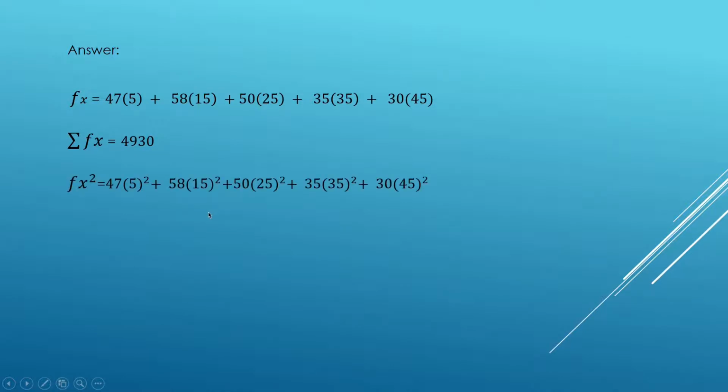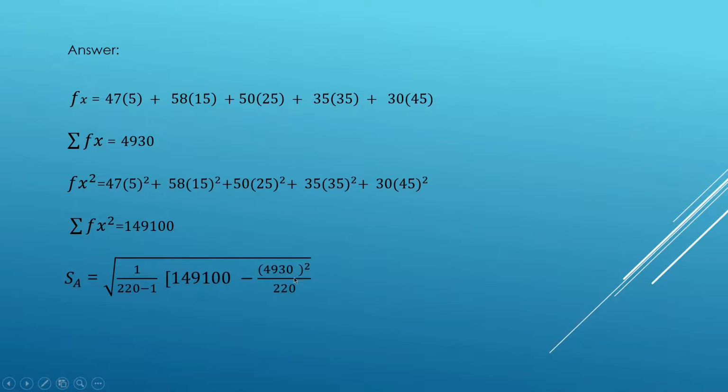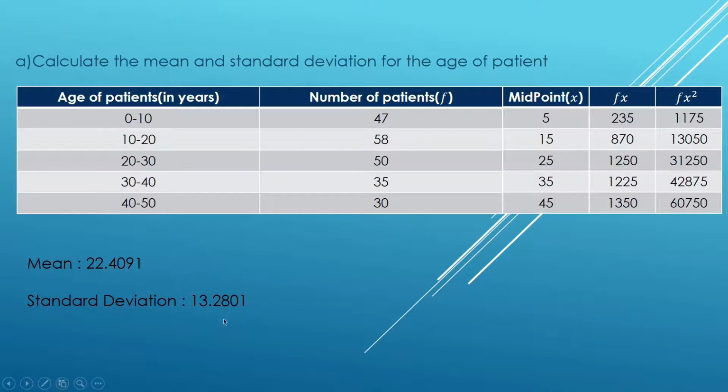And for the frequency multiplied with x squared, we just square the x, and then we will get the total of summation 149,100. And then we put it in this formula here, so we get the standard deviation, which is 13.2801. So that's all from me.